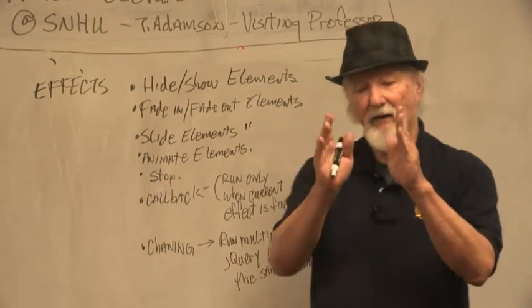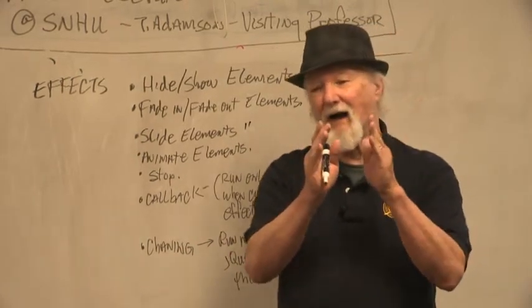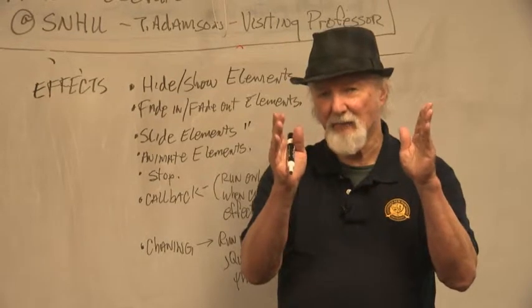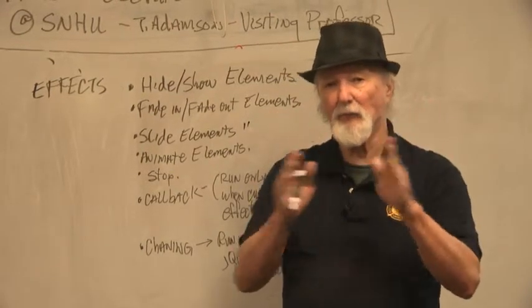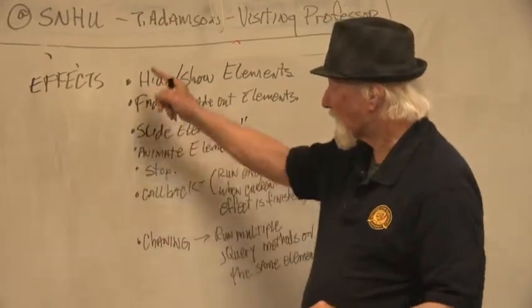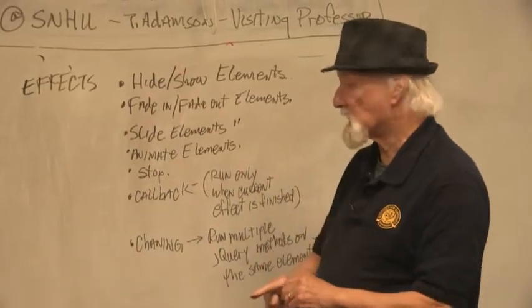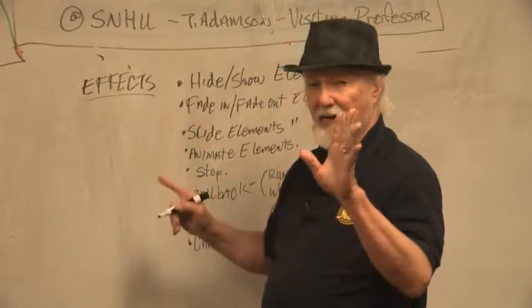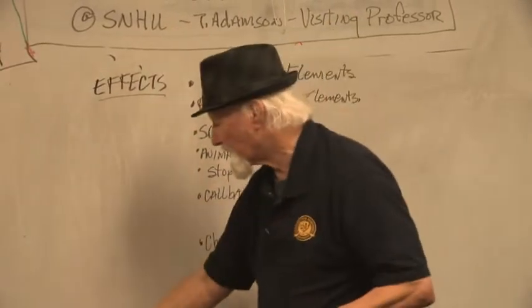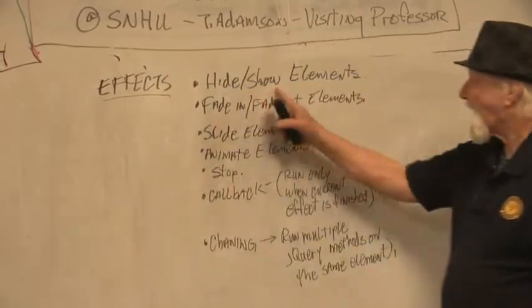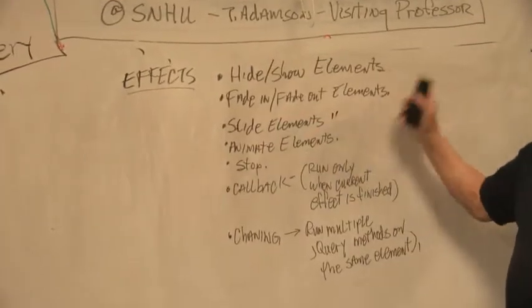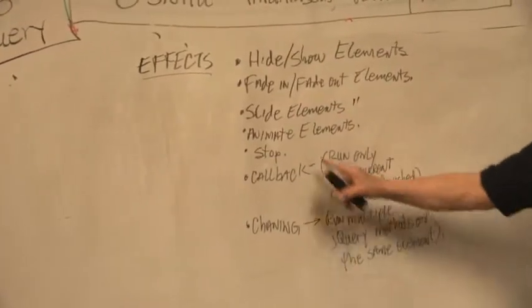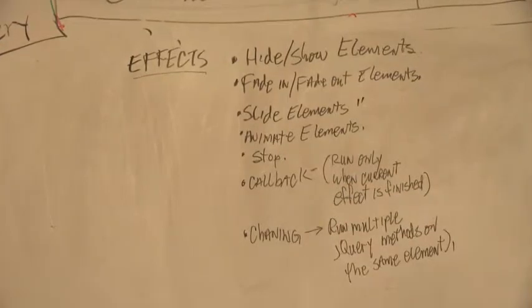So I can have multiple things happen to any HTML element that I want through chaining. And that's one of the cool things that jQuery can do. Okay, that's in terms of effects. This is just the beginning of what jQuery can do. Hide show elements, fade in, fade out elements, slide elements, animate elements, stop, can do a callback, and do chaining.